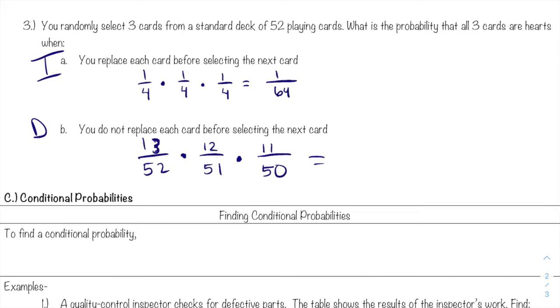So when I go to multiply this, let's do this multiplication here. 13 times 12 times 11 is 1,716, out of 52 times 51 times 50, which is 132,600. I don't know if that reduces, though. You could put that in your graphing calculator and check, and that's actually what I'm going to do right now. Hang on.